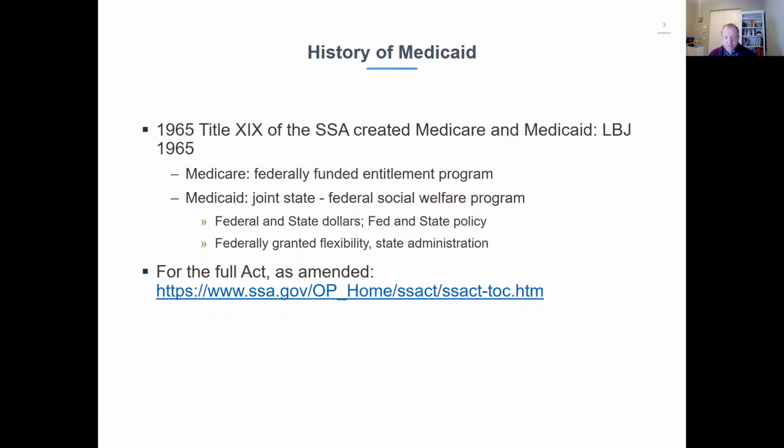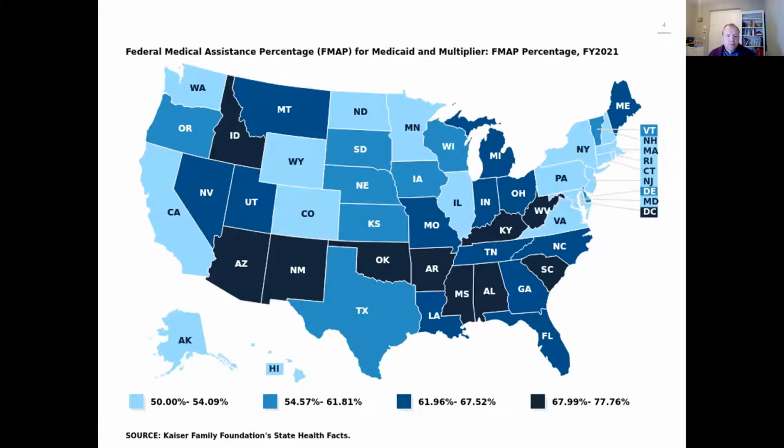For the full act, you can actually go to that link. So this is the FMAP, or the Federal Medical Assistance Percentage for Medicaid, and the multiplier is the FMAP percentage. The FMAP and the multiplier are a system that allows the federal government to calculate how much state dollar matching is going to happen.